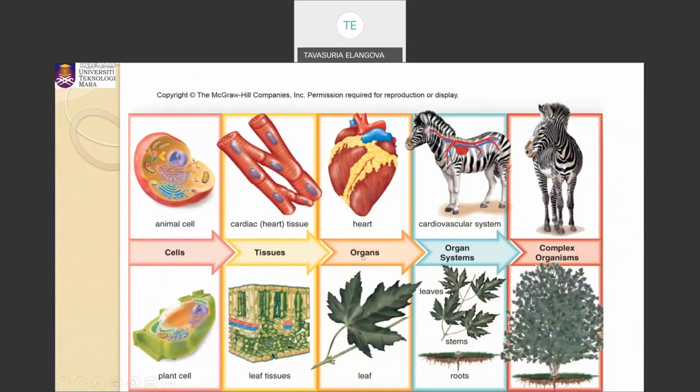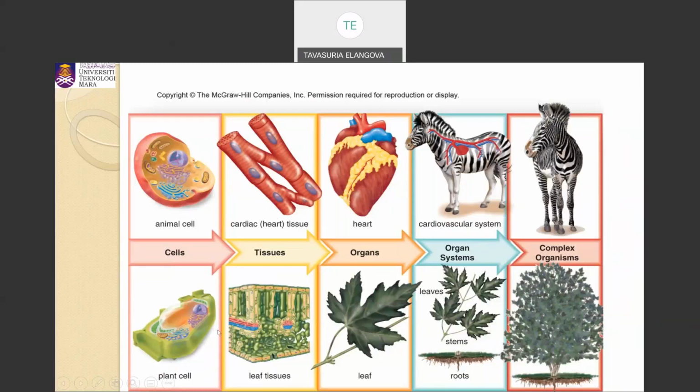Heart as an organ means it must be the animal. So the cell is an animal cell, and then the tissue in the heart is cardiac tissue, and the cardiac tissue makes up the heart, and the heart is involved in the cardiovascular system, and then the animal is the organism.